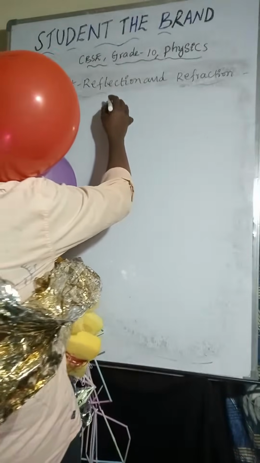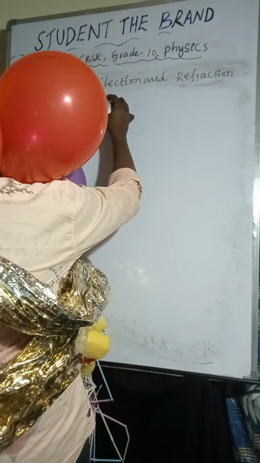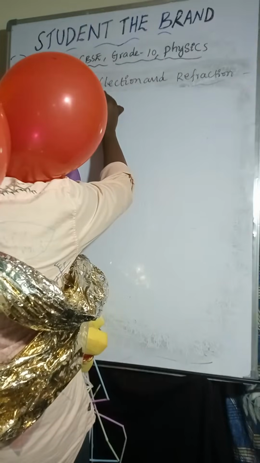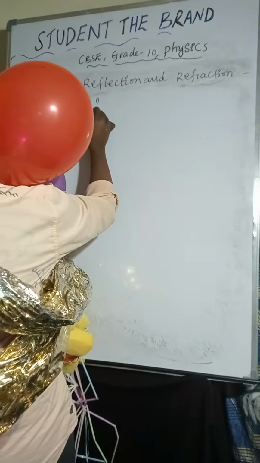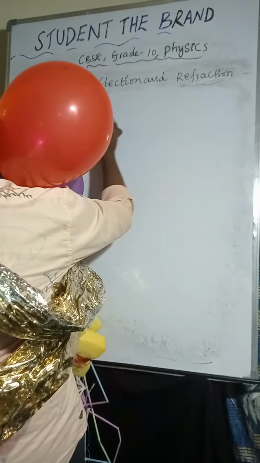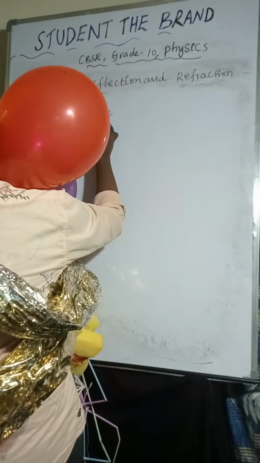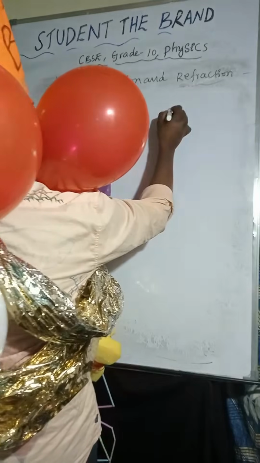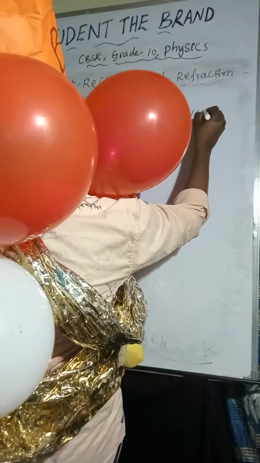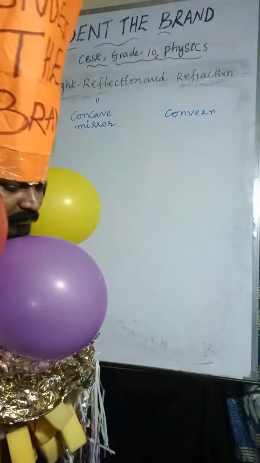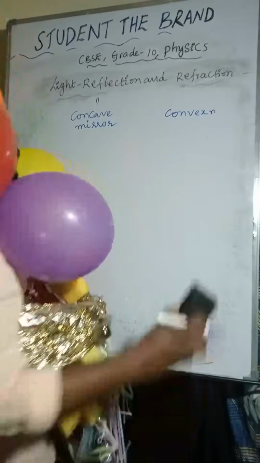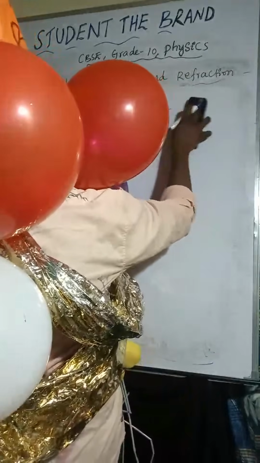The mirror which is in the form of a curved surface is called a spherical mirror. So there are two types, concave mirror and convex mirror. Now I will explain about concave mirror, and convex mirror. Here, convex mirror.